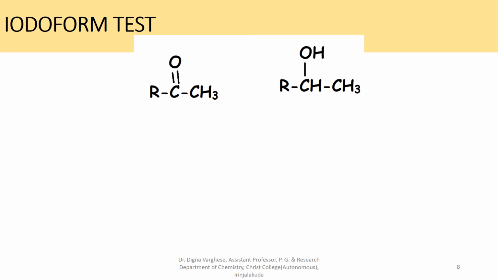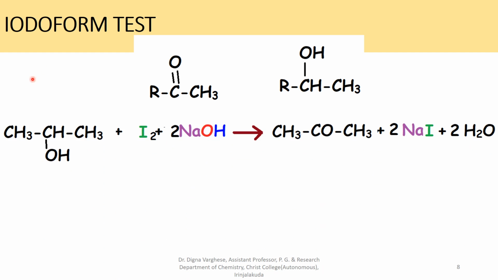Iodoform test. If iodine and alkali are the reagents used in the haloform reaction, the haloform formed would obviously be iodoform. Any compound of the structure RCOCH3 or RCHOHCH3, when treated with iodine and alkali, would yield a yellow precipitate of iodoform. Here you can see a secondary alcohol, that is 2-propanol.